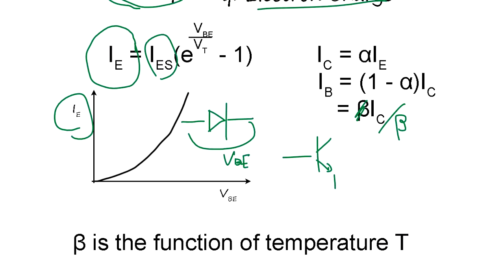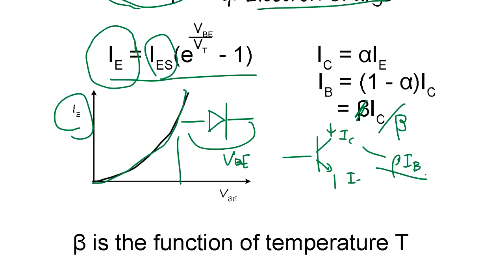This current is going to be multiplied by beta, so the IC is going to be beta times IB. Okay, so this is the basic equation. It's an exponent function, and this is very important to understand in analog design.